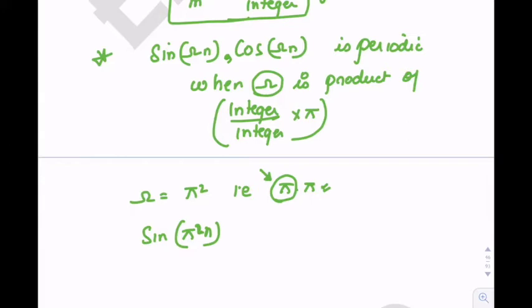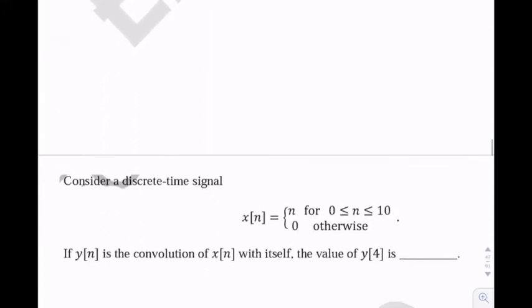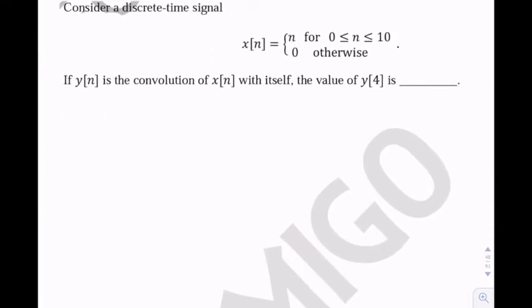Now let's move on to the next question. So this is the question. Here it is given that x[n] is this signal and x[n] is convolved with itself. So y[n] is a convolution of x[n] with itself. We have to find the value of y[4]. In the previous part of the lecture series, I've already told you how to find the convolution of two discrete signals.